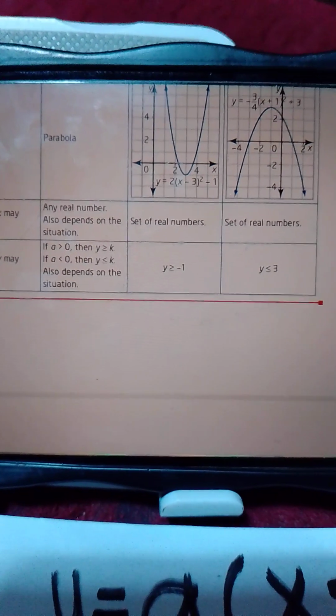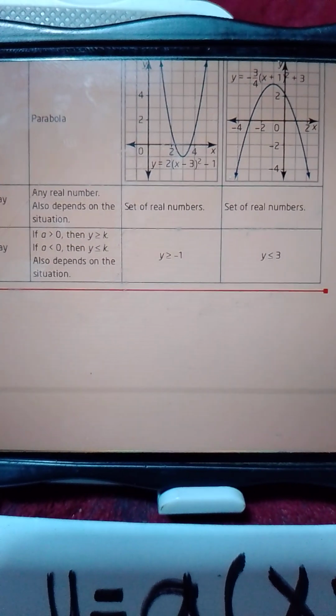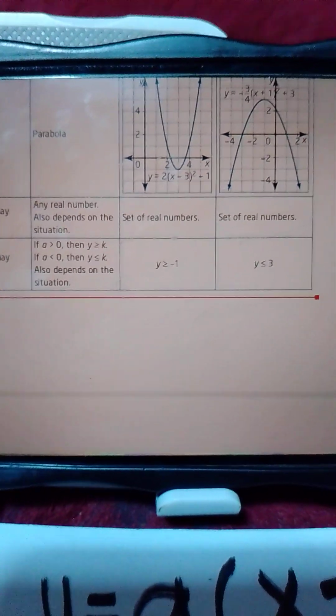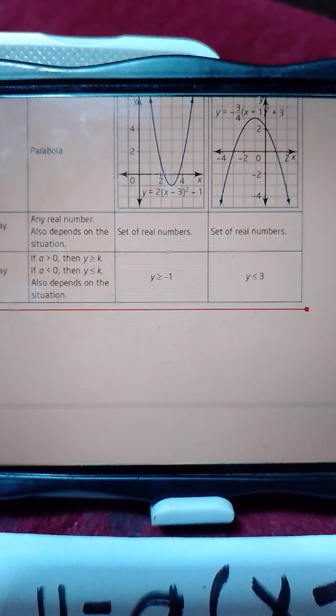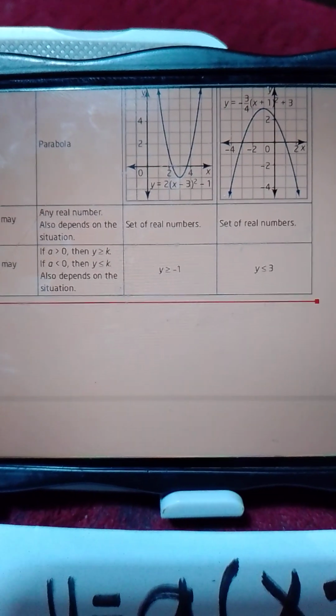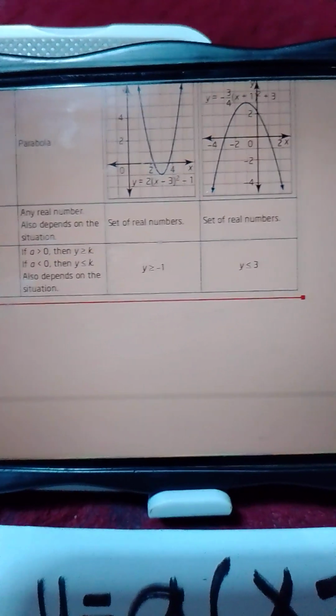But if a is less than 0, y must be less than or equal to the y-coordinate of the vertex. So negative 1 is our y for the first example, and positive 3 is our y for the second.